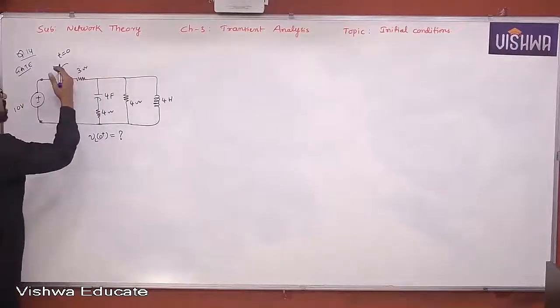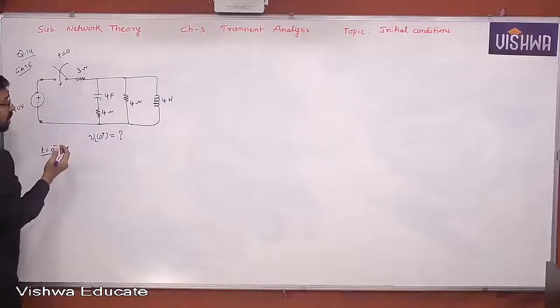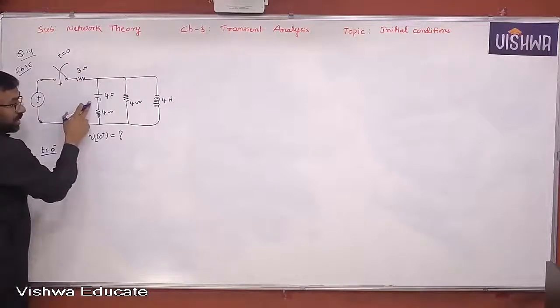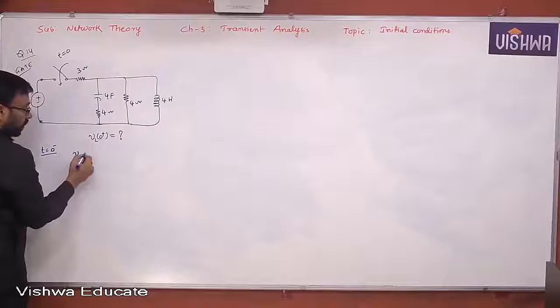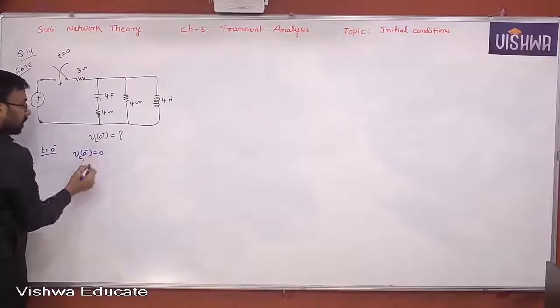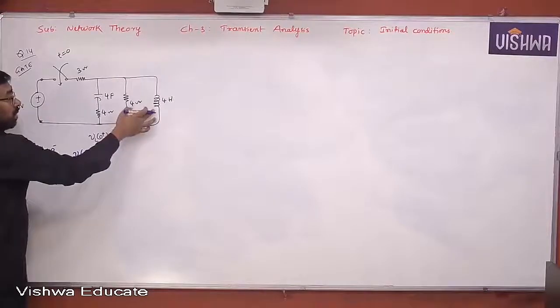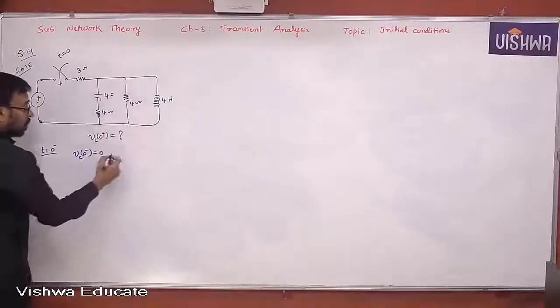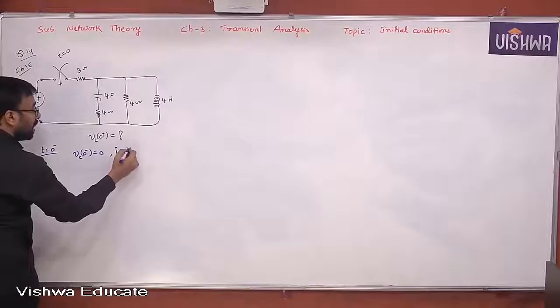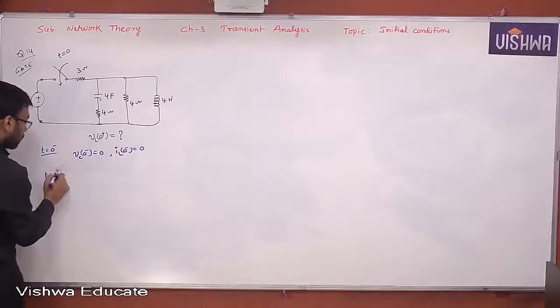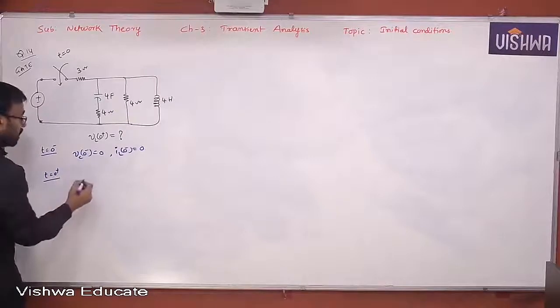So when the switch is open, initially at t equal to 0 minus, can you charge the capacitor? No. So VC of 0 minus is how much? 0. It was uncharged because no information was given on either inductor or capacitor. Therefore, IL of 0 minus is also 0. At t equal to 0 plus, you construct the equivalent circuit something like this.